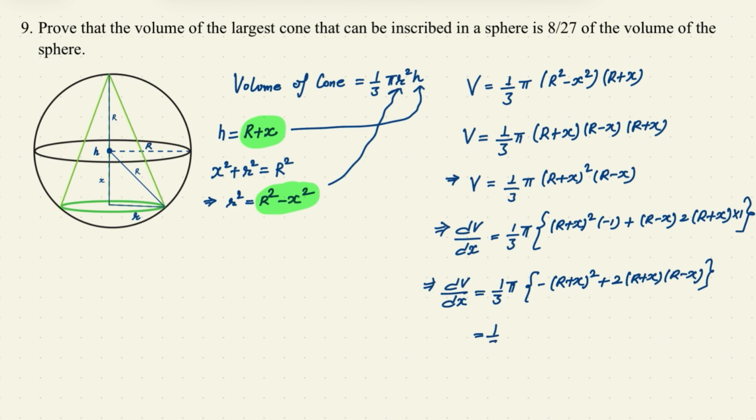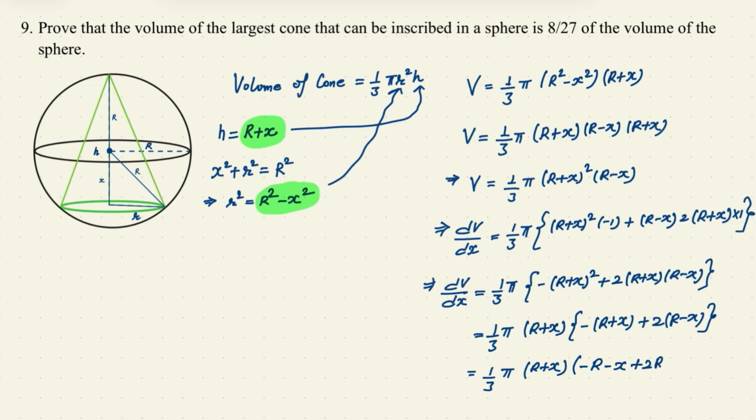So let us take out (R plus x) common, then we will have minus (R plus x) plus 2 times (R minus x), equals 1 by 3 pi (R plus x) into minus R minus x plus 2R minus 2x.